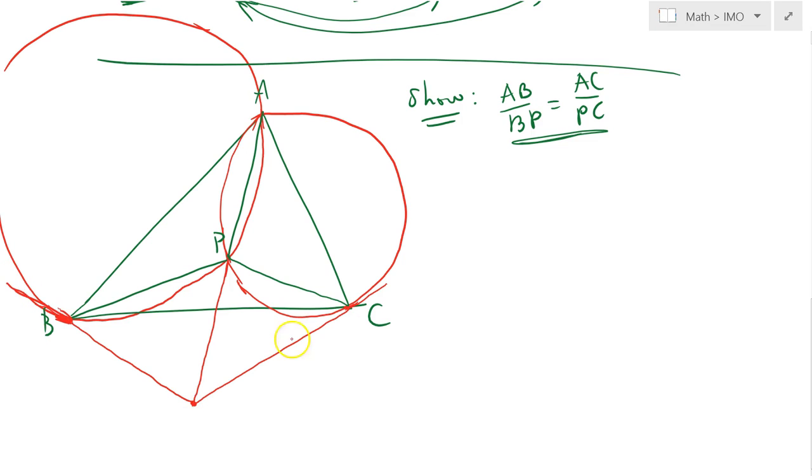The reason is, let's call this point R, and let's assume for a moment that we don't know if this line goes through AP. Let's call these circles omega 1 and omega 2. So the tangent to circle omega 1 at B and the tangent to circle omega 2 at C, let's assume that they meet at this point R.